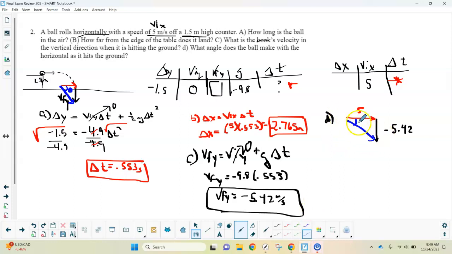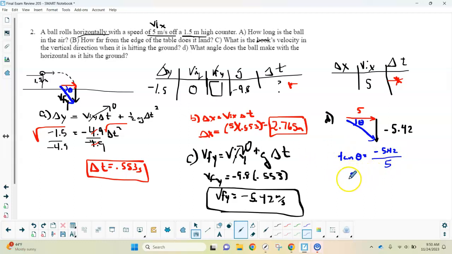So we don't care about the hypotenuse, we're just looking for theta. So we would use the opposite over the adjacent, which is the tan. So the tan of theta would be equal to the opposite side, which is negative 5.42, over the adjacent side, which is 5.